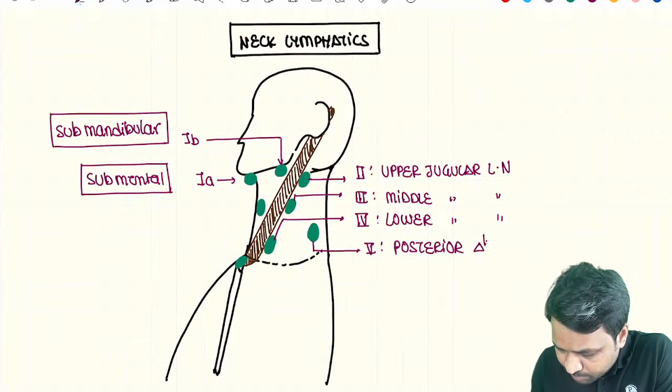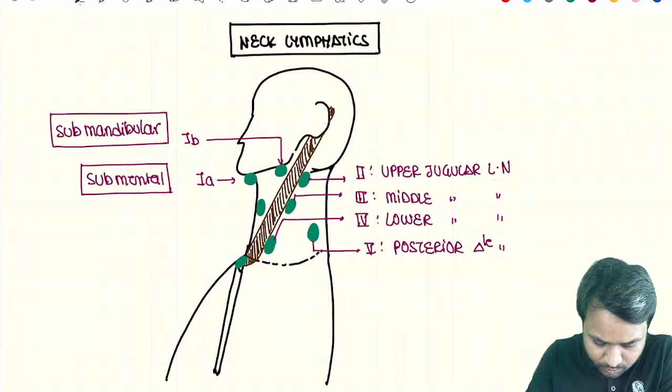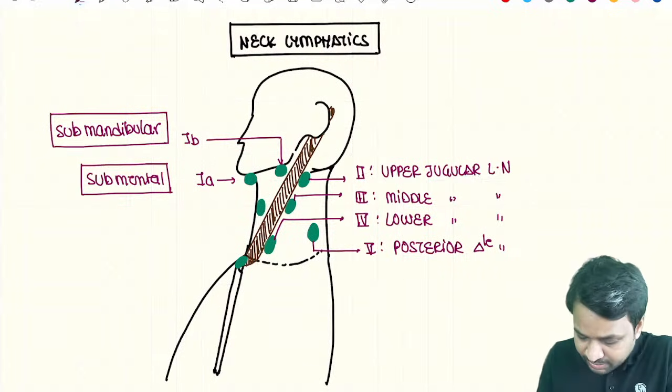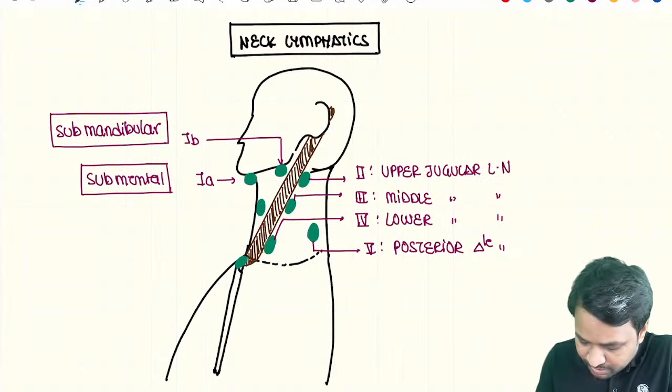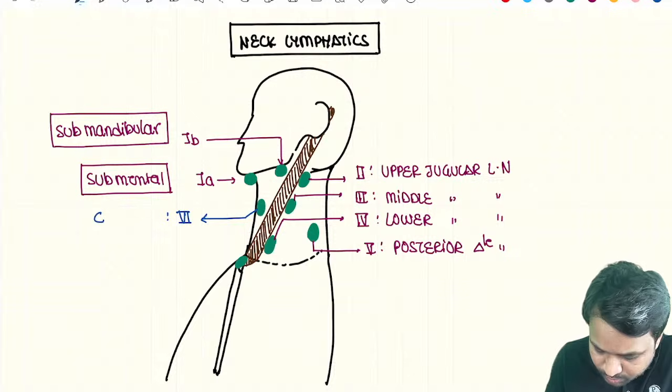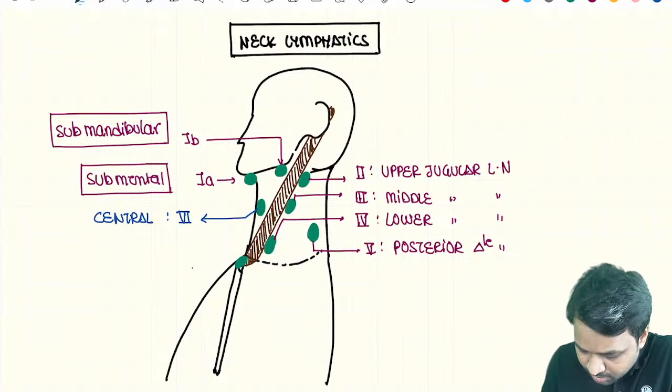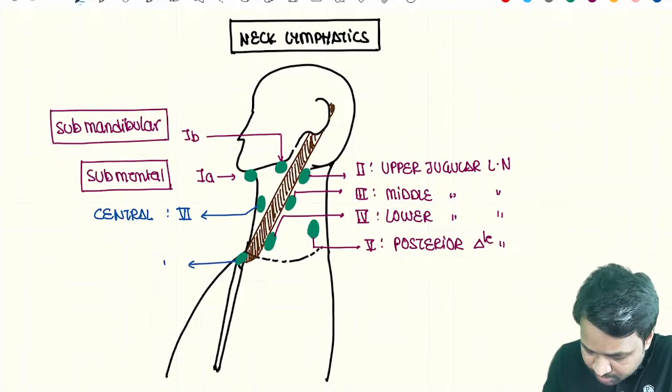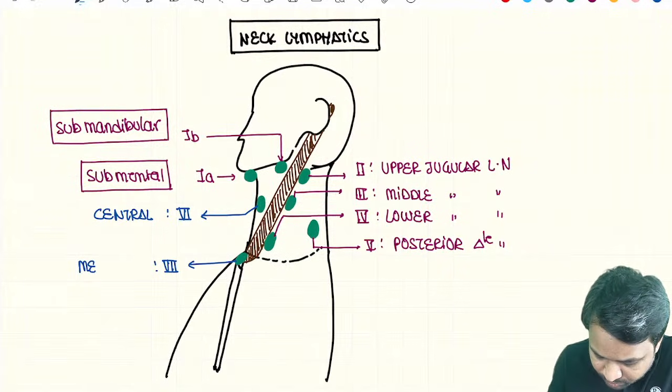And then you have level 6, which is one of the very important ones, especially in terms of thyroid cancers. The level 6 is the central group of lymph nodes. And right across here you have level 7, which is the mediastinal group of lymph nodes.